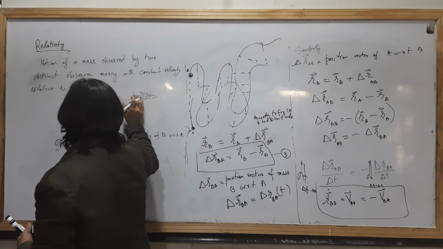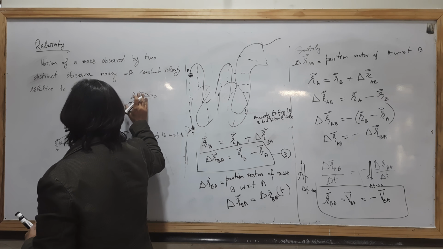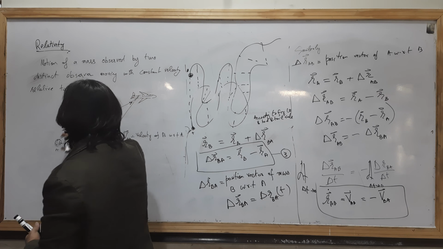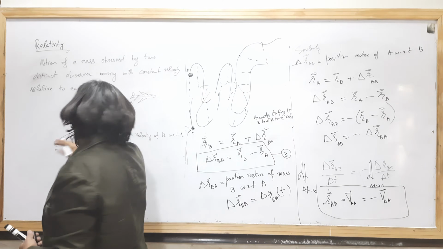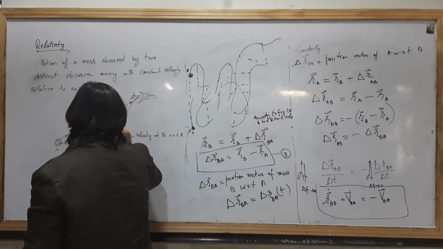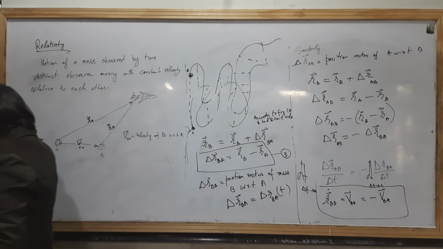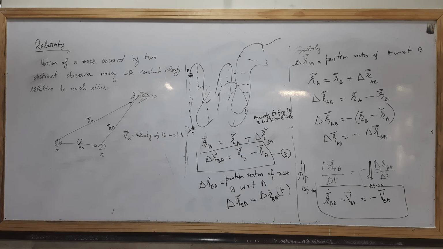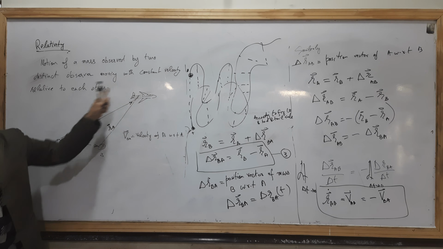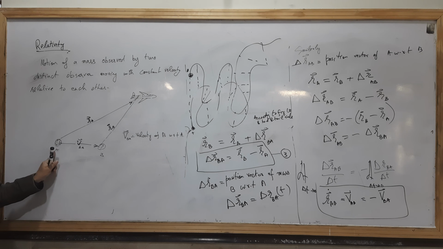The RA is position vector of plane with respect to A. RB is, now this RA is different, not like the previous exercise. This RA is position vector of plane with respect to mass A, observer A. Mass A means observer A.